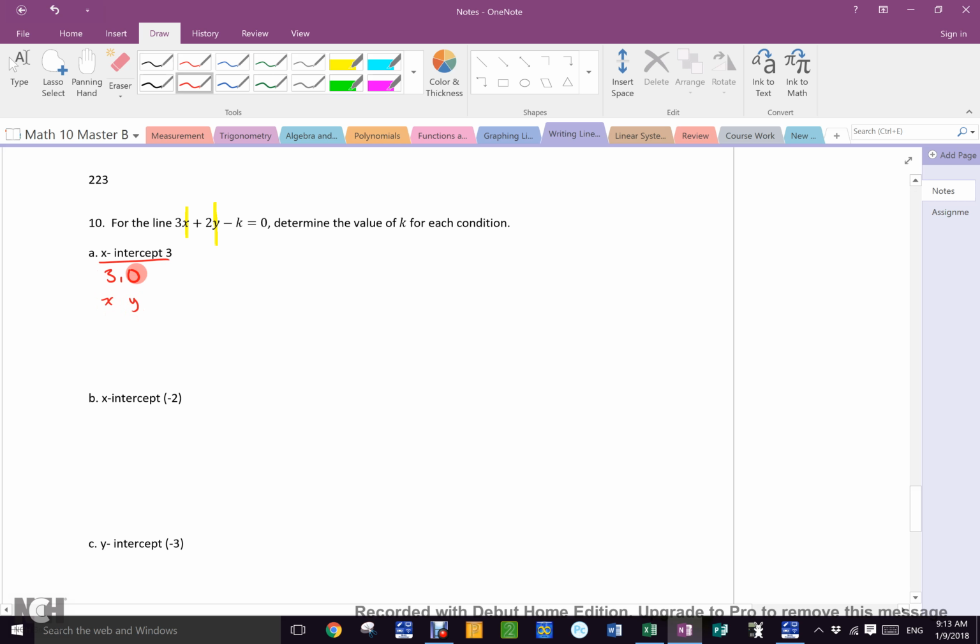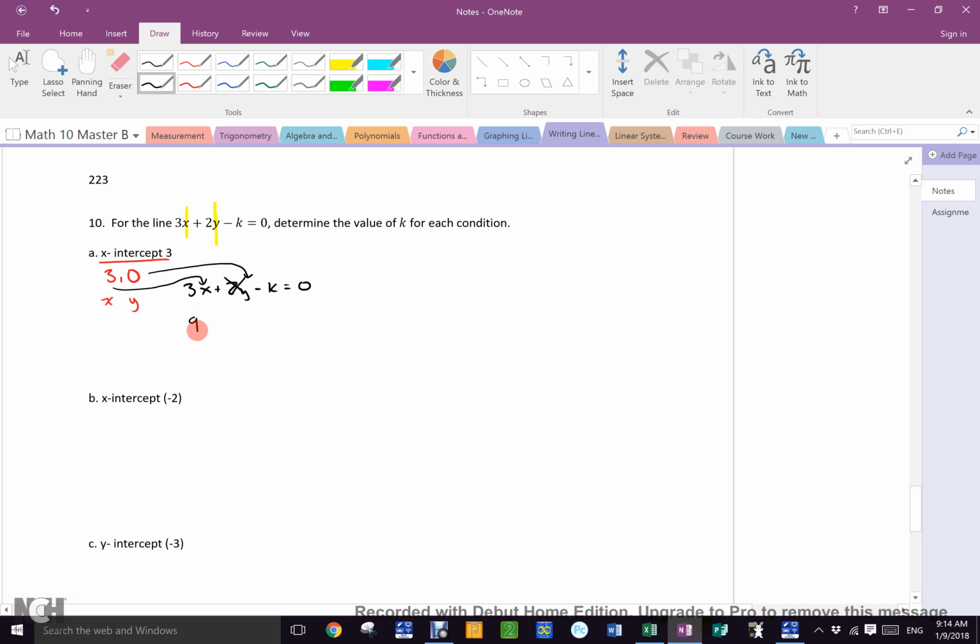So how do I work with that and this? How do I work with this information and that? The 2y, it drops out because 0 goes in there. Where would the 3 go?